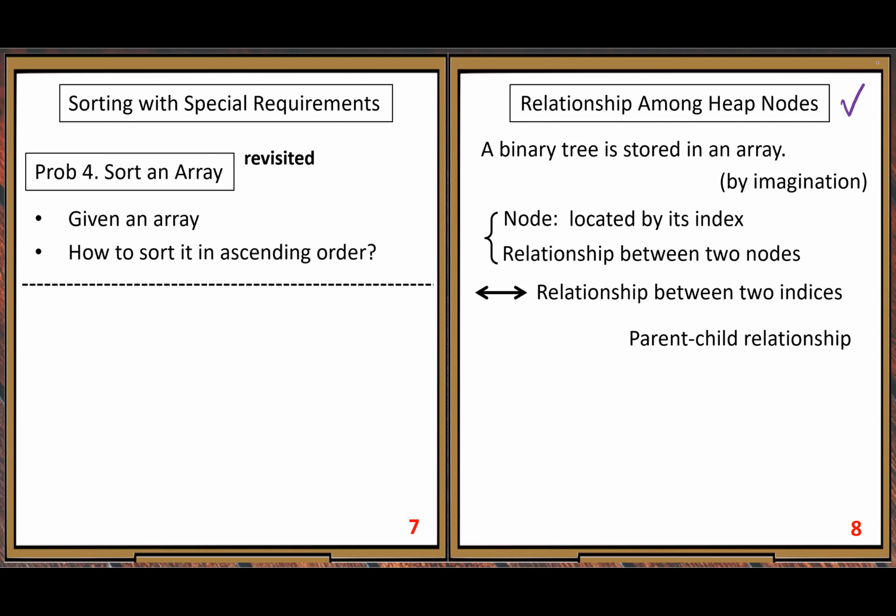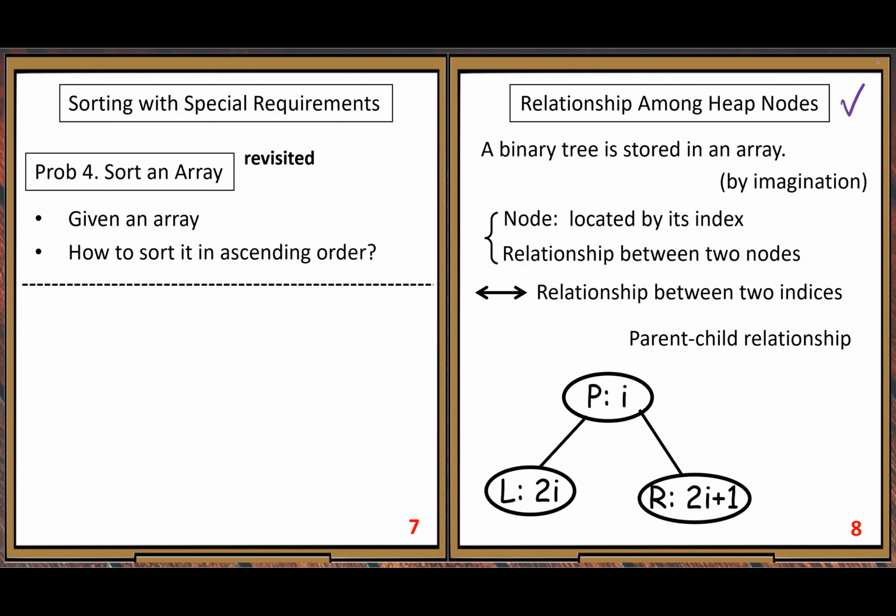Now that's the definition part. Look at this diagram. P refers to the parent node. P:(I) means the array index for the parent node is I. Then its left child, L:(2I). We will use the 2I location, that element corresponds to the left child of the P node.